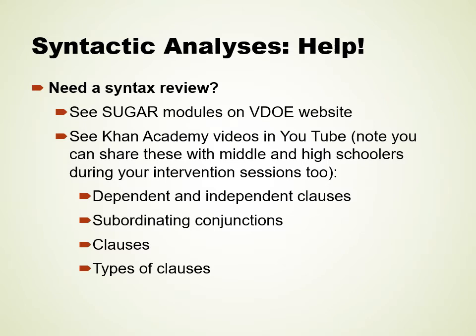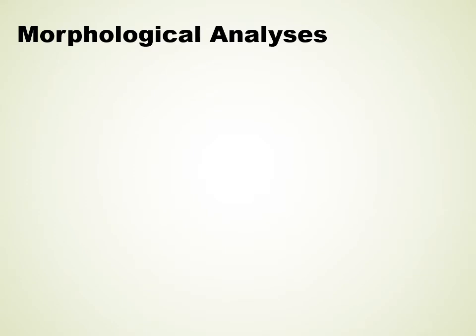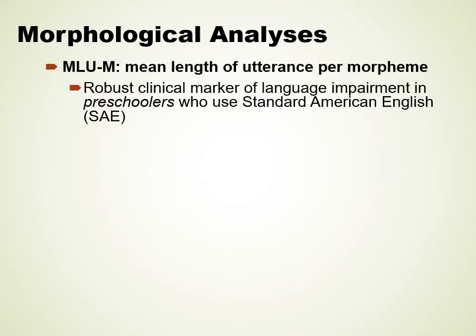Our next area of analysis is in morphology, and probably one of the most widely known metrics of morphology is the MLUM, or mean length of utterance per morpheme. Reduced MLUM is a very robust clinical marker of language impairment in preschoolers who use Standard American English, or SAE.